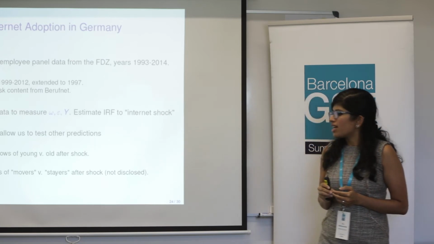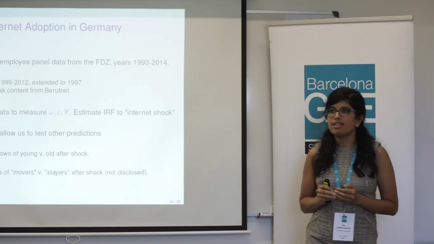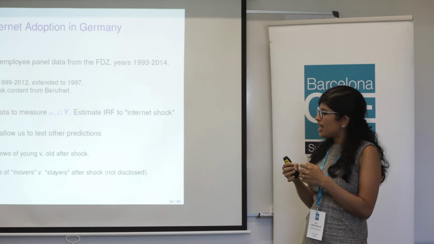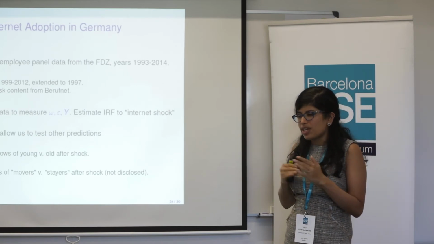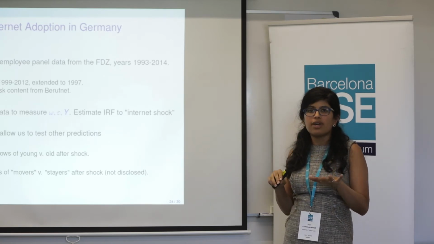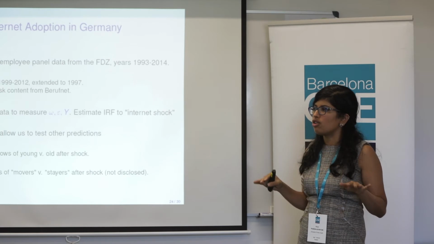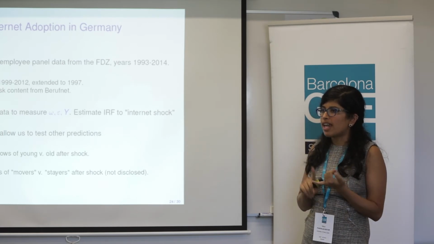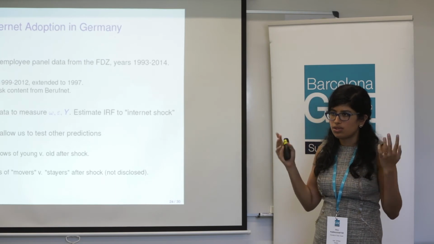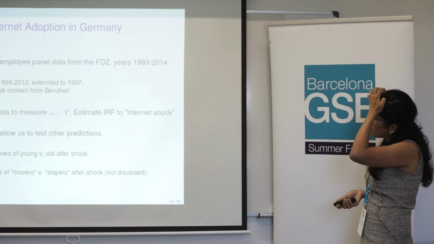And again, we get the occupation task content information from a division of the FTC called BerufNet. For 2011 and 2012 in Germany, they characterize occupations in terms of, similarly to what Otto and Dawn have used, analytical non-routine, cognitive routine, manual, and so on. That's what we use.